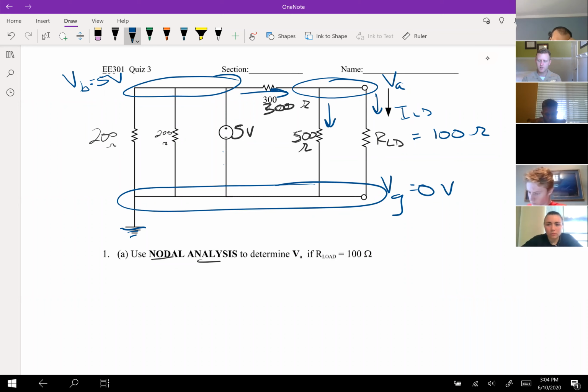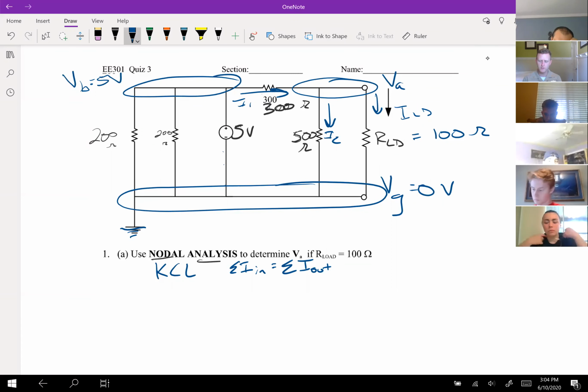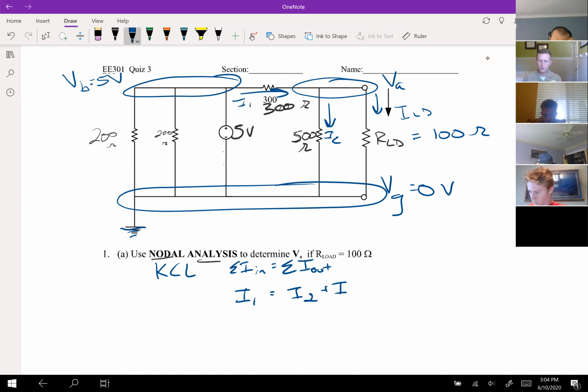To use nodal analysis to determine VA if our load equals 100: what goes in must come out, according to Kirchhoff's current law. So the sum of the currents in equals the sum of the currents out. I have I1, I2, and I load. Going in is I1, coming out is I2 plus I load.